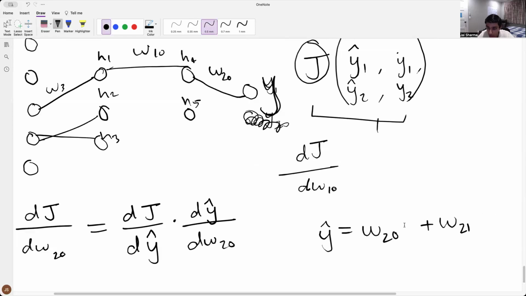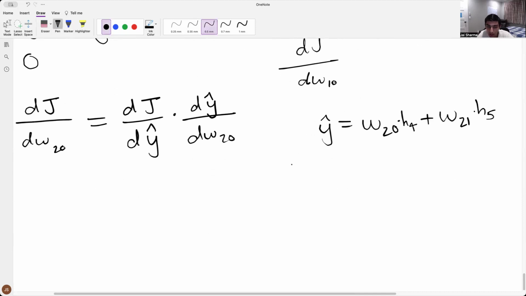So this would be taking in H4, and let's say W21 is used over here, times H5. So y hat would be computed as H4 times W20 plus H5 times W21. That's all I've written over here.